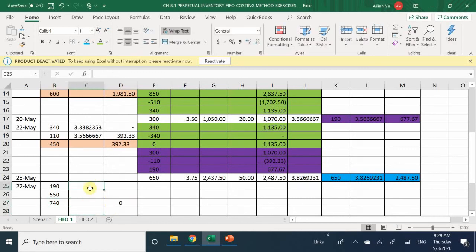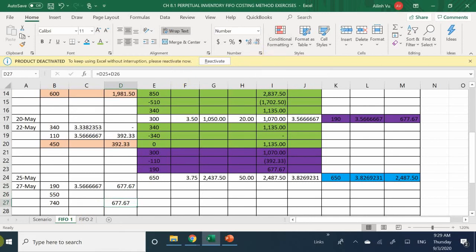Okay, so again, since we are going to take out our entire batch of 190, I will demonstrate to you that it is this number, but we don't really need to calculate it because we know at the end of the day we're zeroing out the entire thing. So it should be the remaining 677.67.